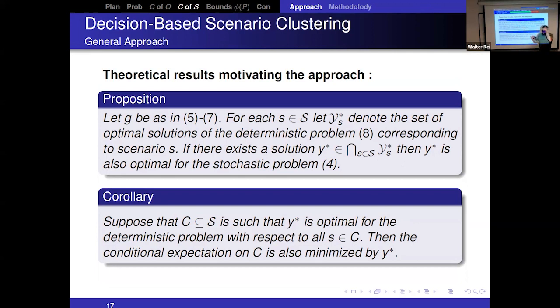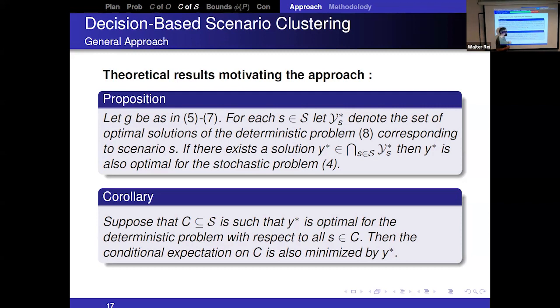Okay. This was kind of just trying to come up with a theoretical argument that could support this approach a little bit. So a proposition, but I think that the corollary is actually more interesting, right? So if you define G as the original function, the two-stage linear stochastic model previously, and somehow you're able to identify all of the optimal solutions characteristic of a given scenario.